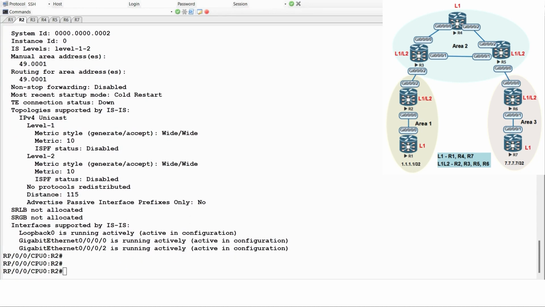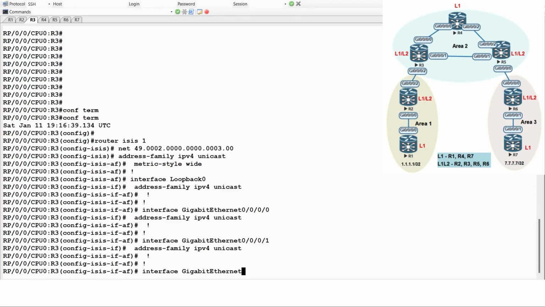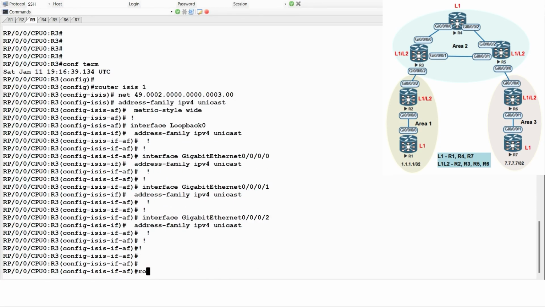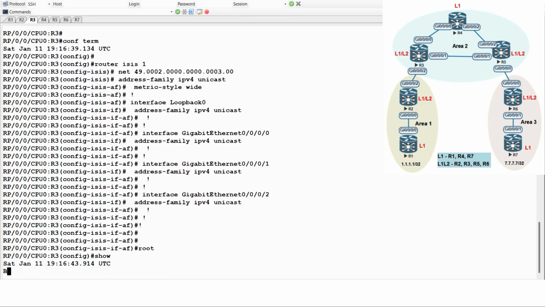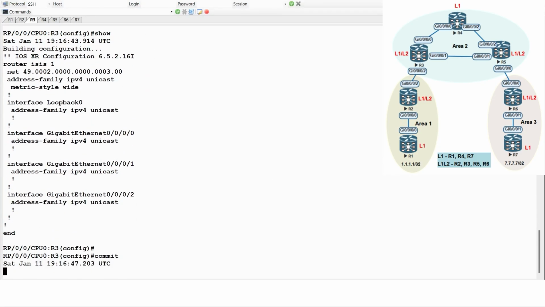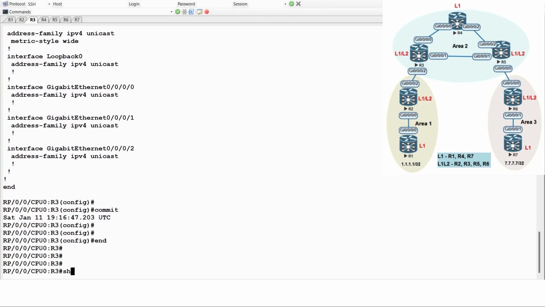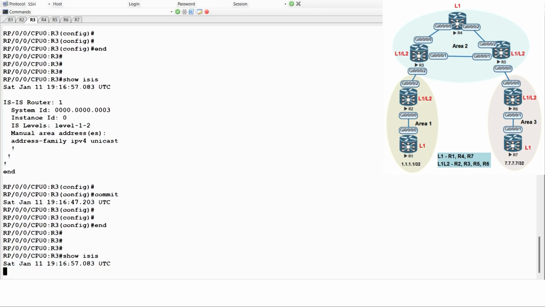Now let's go to router R3 and configure ISIS. Let's verify the ISIS configuration.